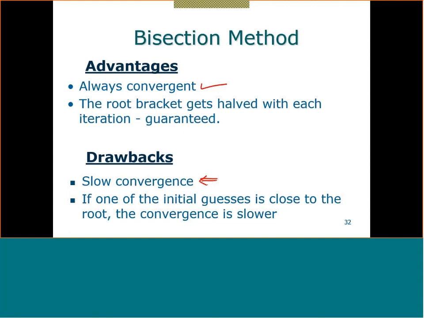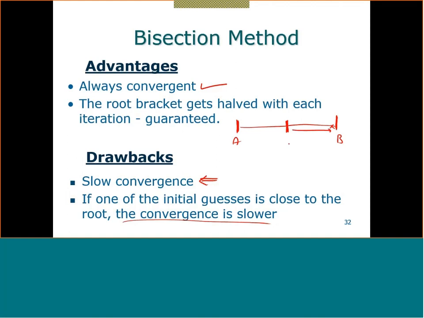Now, another drawback, if one of the initial guesses is closer to the root, the convergence is slower. Now, imagine that you are here. This is your limits, A and B. And then the answer actually was here, very close to B. But now what will happen? You will find the average, which will be here.